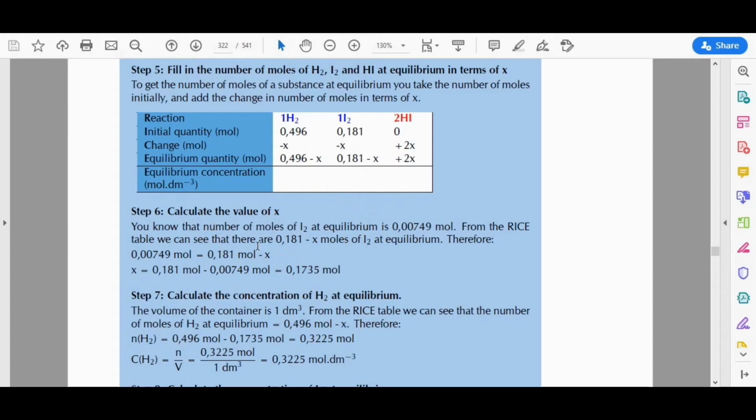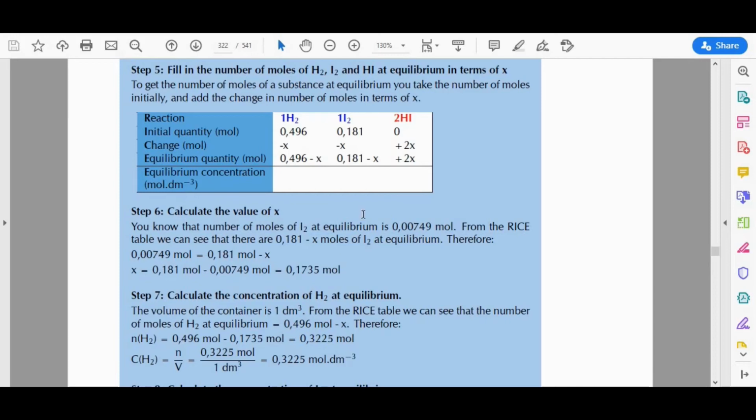So if we rearrange our formula, x moves over to that side, 0.00749 moves over to the right hand side, and we end up with 0.181 minus 0.00749, we get a value of 0.1735 mole. You are welcome to go add that part in.